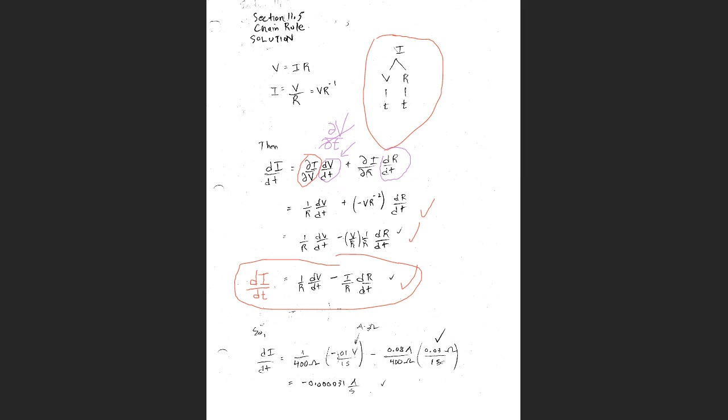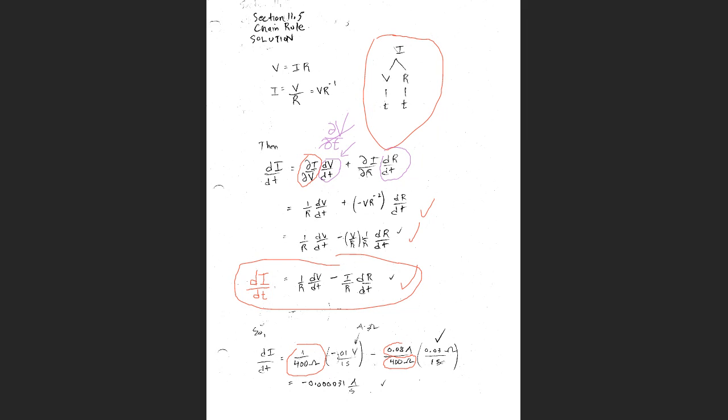So all I need to do now, well, I'm told that dV/dt is 1 over 400 ohms, and I know the current is 0.08. Yeah, the current's 0.08 amperes, and the resistance is 400 ohms.